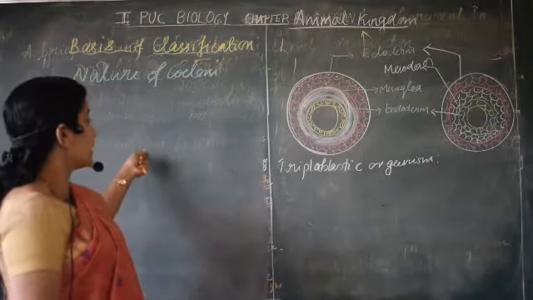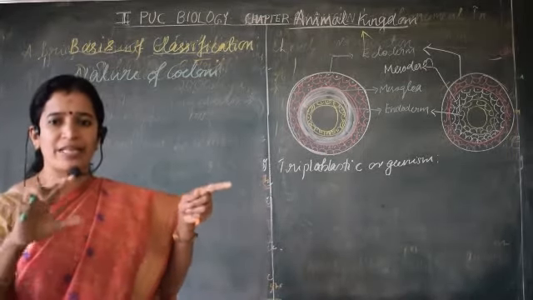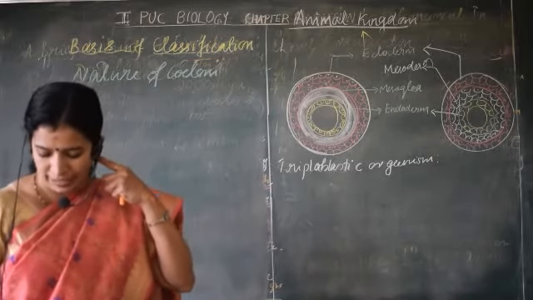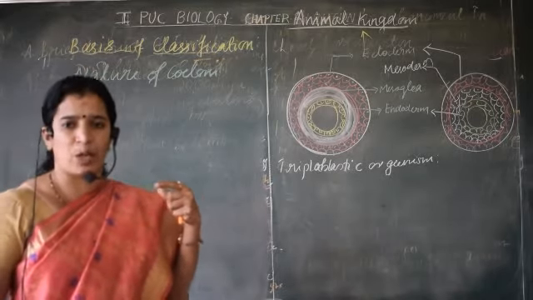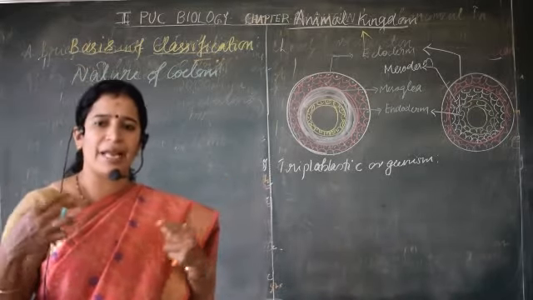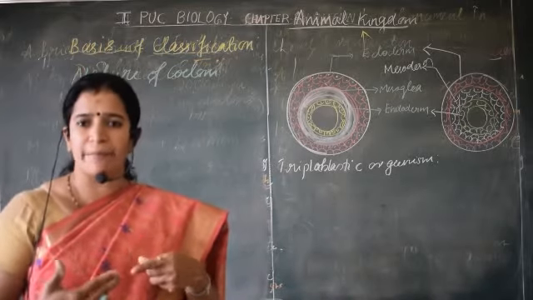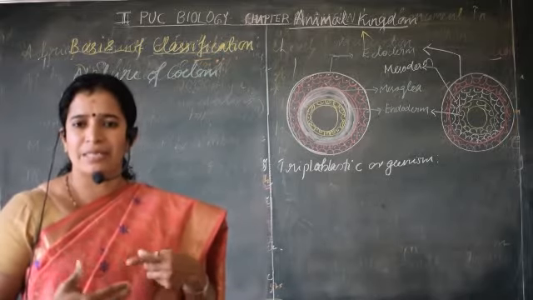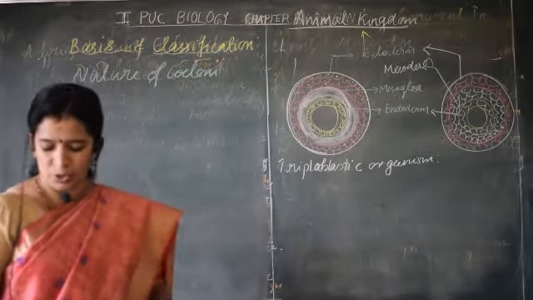Now this coelom is a body cavity between the body wall and the gut wall. For example, in higher animals, between the body wall and the gut wall, it is not empty, right? It is filled with some muscles or some of the organs. But in some other organisms, it is not like that.